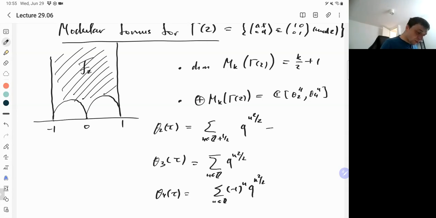The reason is kind of a coincidence. This is what the so-called Jacobi triple product theorem essentially tells you.